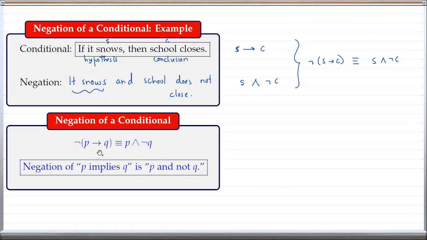So we have negation of P implies Q, same as P and not Q.